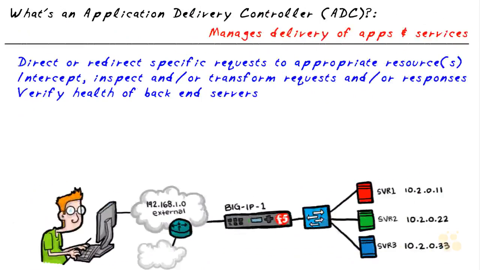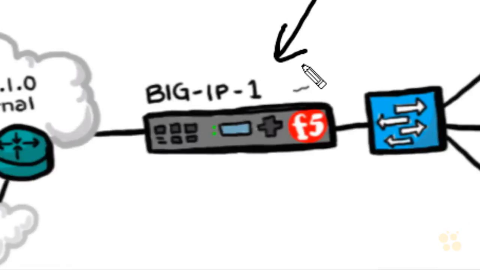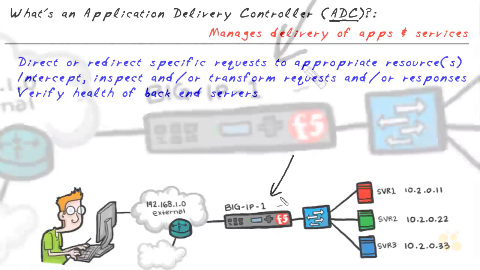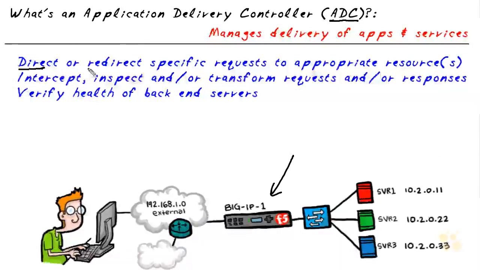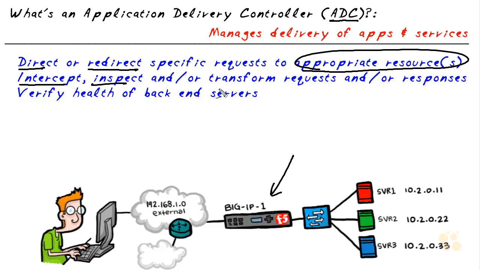In this nugget, we've identified that an application delivery controller, an ADC, such as F5's BIG-IP platform, has the ability to direct or redirect specific requests to the appropriate server resources that can handle those requests. And in doing that, it has the ability to intercept, inspect, and or transform those requests, as well as the responses that these servers are delivering to those clients.